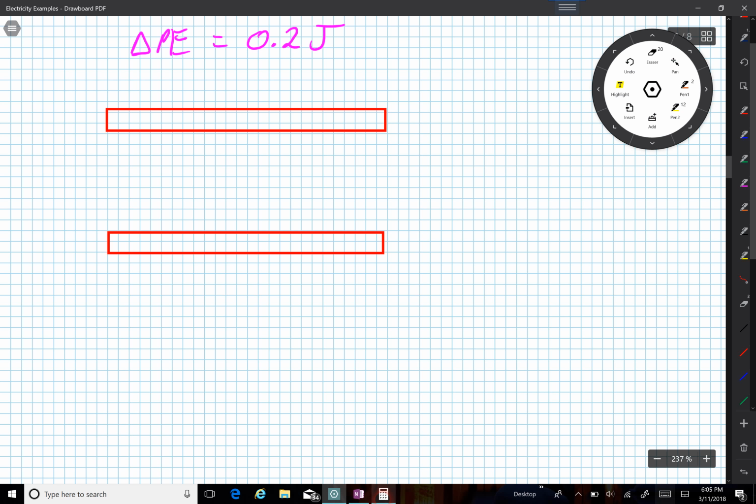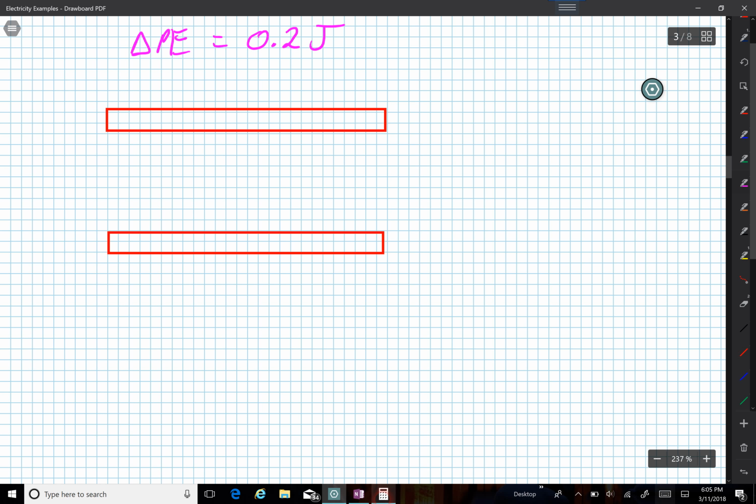And I've got positive plate here. I've got negative plate here. Let's say I've got a battery here, positive, negative.